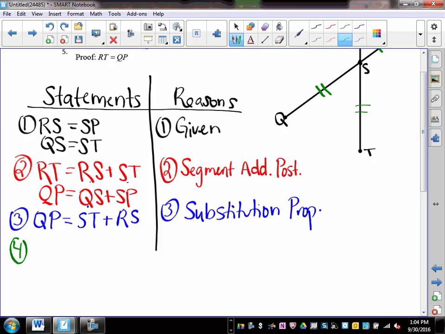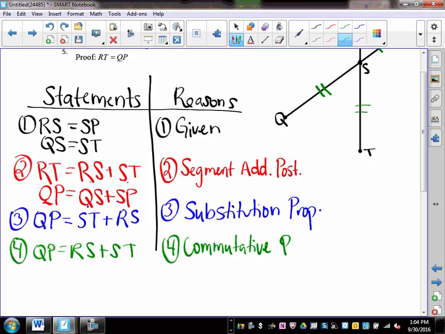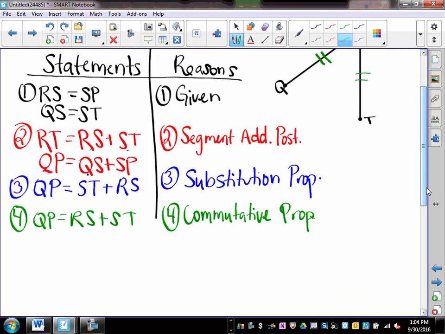No, wait for a second. Commutative. Do they now?